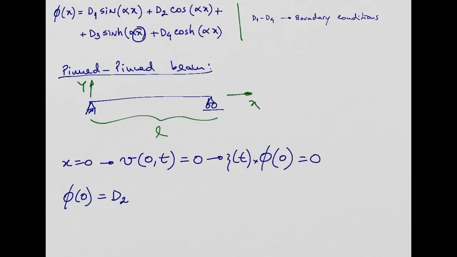Hyperbolic sine of 0: if I replace x by 0, again, I will have hyperbolic sine of 0, which is 0. Don't forget, the hyperbolic sine function is something like this. It passes through 0 when x is equal to 0. And, by the way, the hyperbolic cosine is something like this. This is 1.